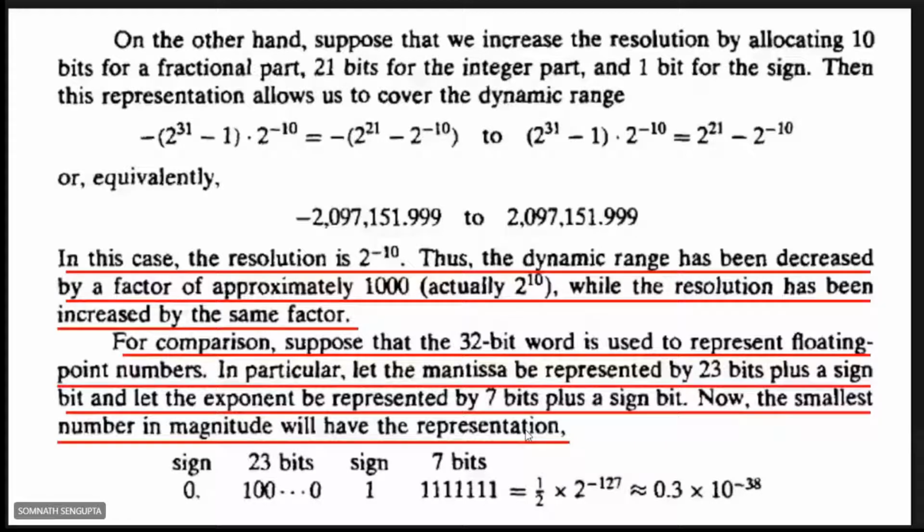Out of this 31, let us keep 21 bits for the integer and 10 bits for the fraction, like 111.111.